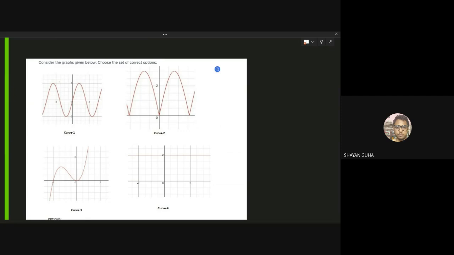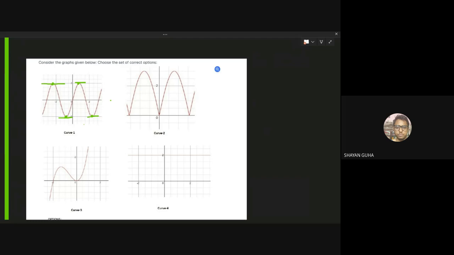We can easily see that if I draw a tangent at this point, it will be parallel to the x-axis, right? By the same logic, if I draw another tangent at this point, it will also be parallel to the x-axis. Here also I will find a tangent parallel to the x-axis, and here also. Now all the tangents which are parallel to the x-axis will have slope 0.